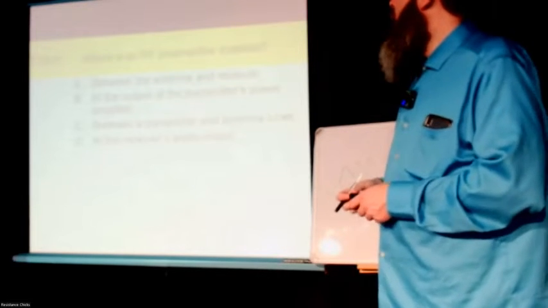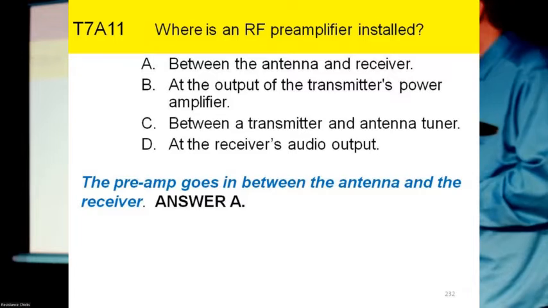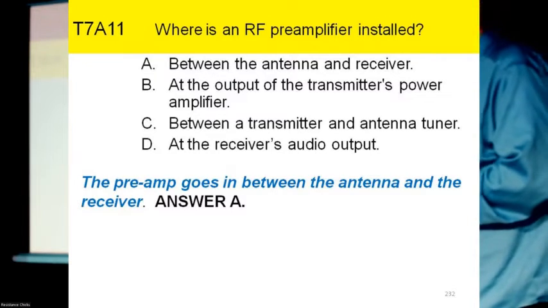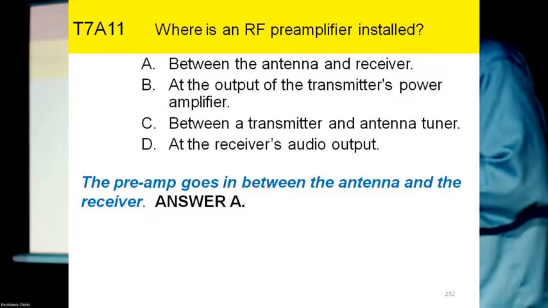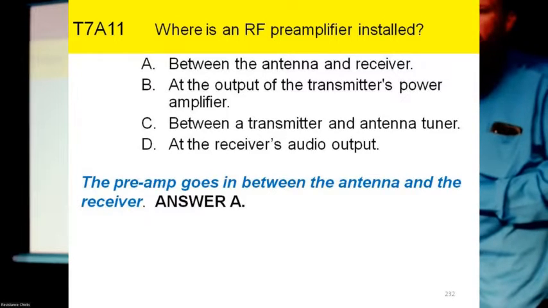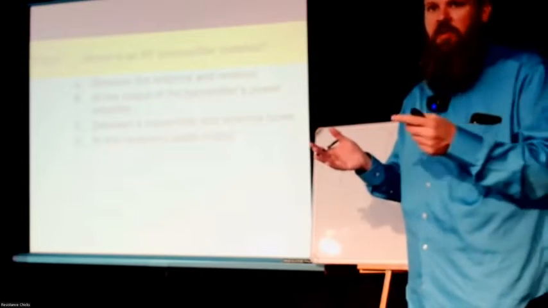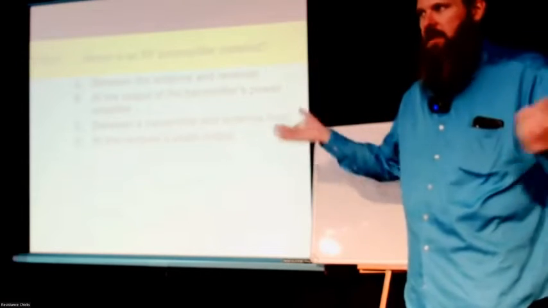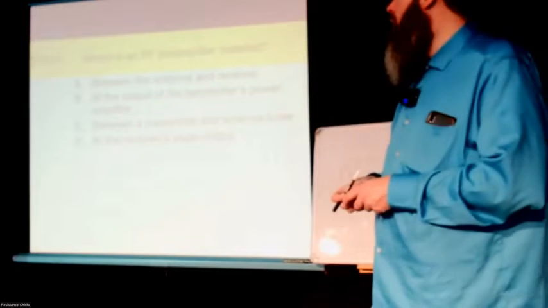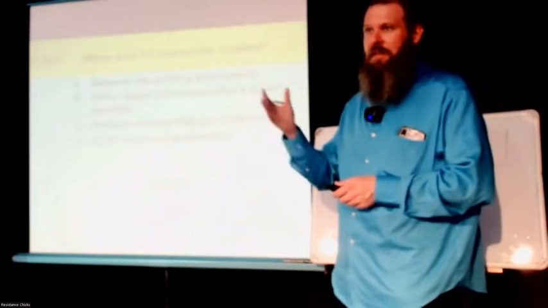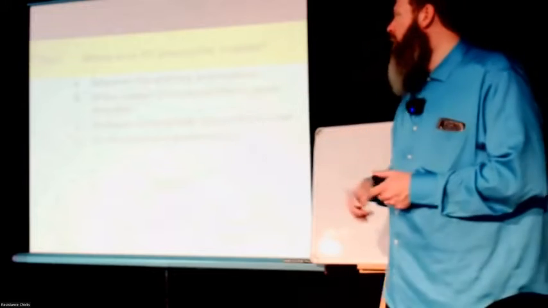Where is an RF preamplifier installed? Okay, we talked about an RF amplifier a couple times. So what is an amplifier? It takes a small signal and amplifies it, right? Everyone understands what an amplifier is. An RF amplifier takes an RF signal, a radio signal, and amplifies it.